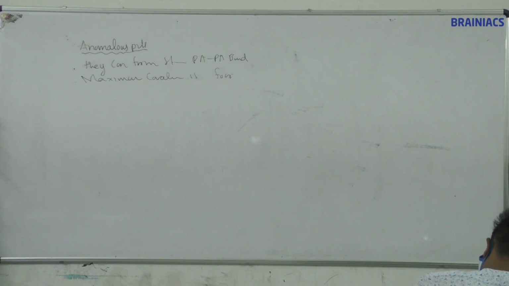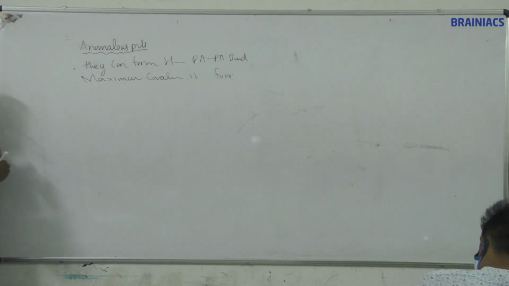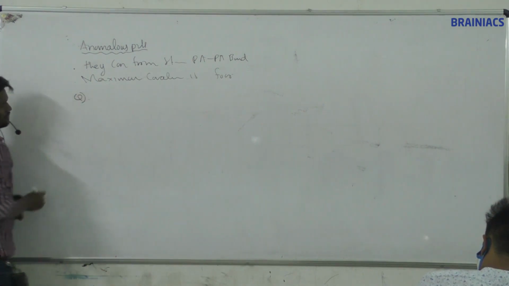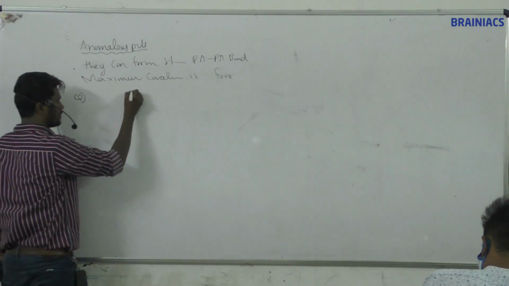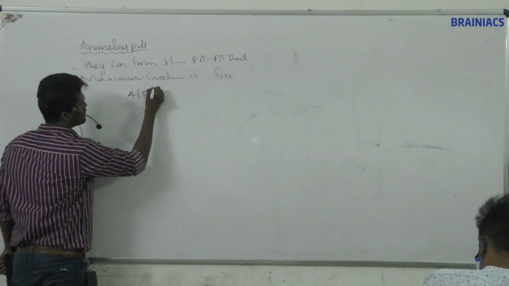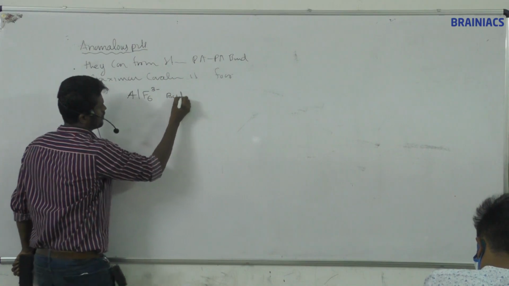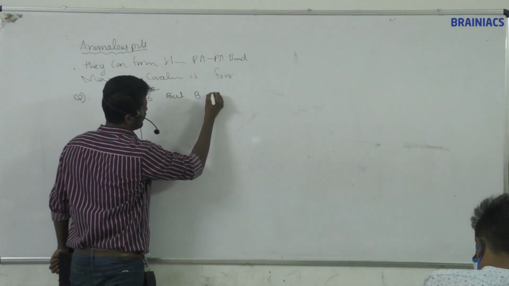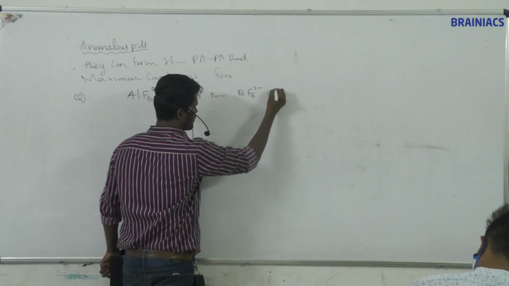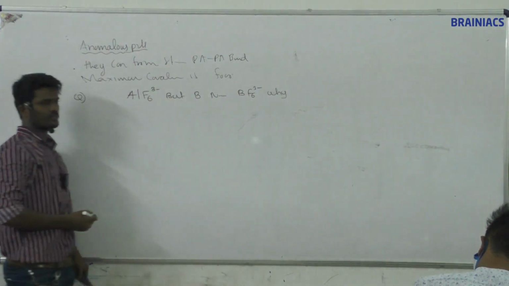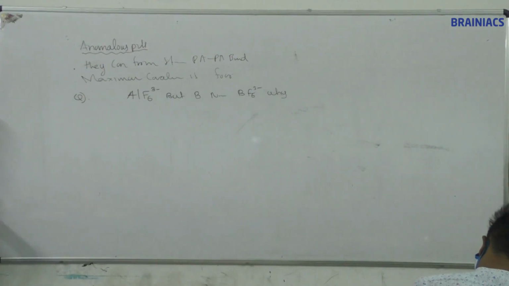Okay, just to give a question. Aluminium can give AlF6 3 minus, but boron does not give BF6 3 minus.